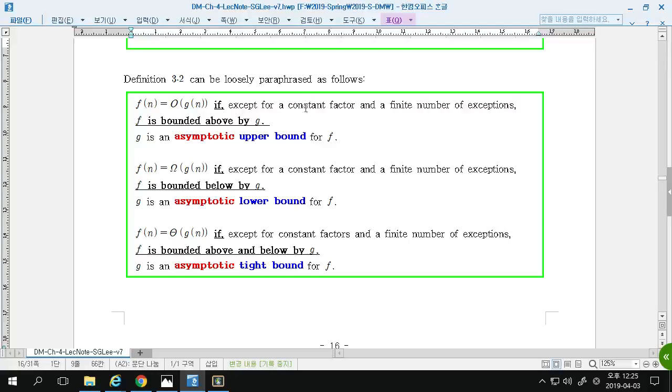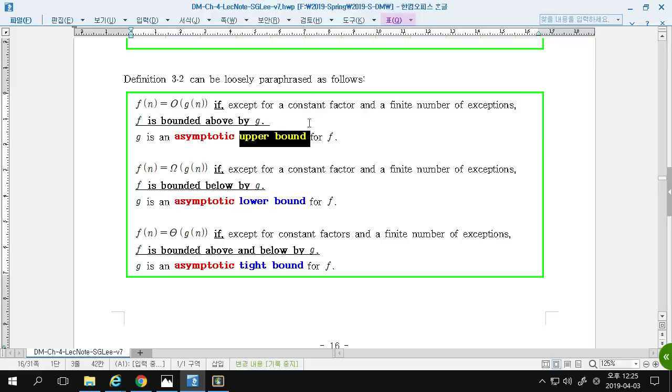The next definition, 3.2, can be loosely paraphrased as follows. If f(n) is big O of g(n), this means f is bounded above by g. Function f is bounded above by function g, and we also say g is an asymptotic upper bound for f.